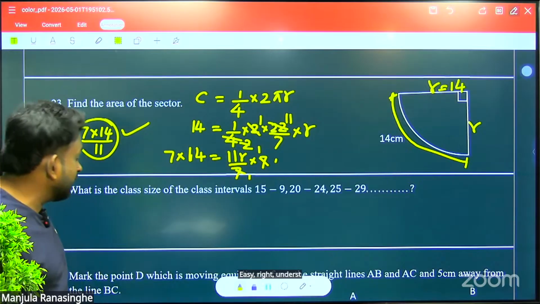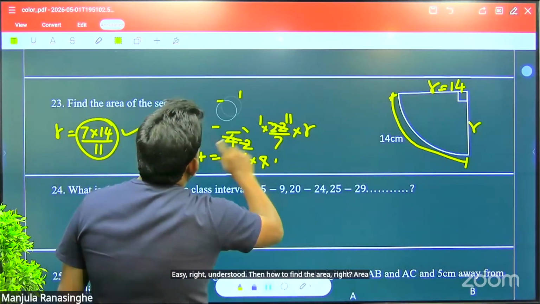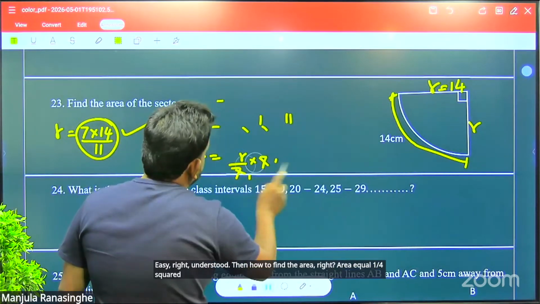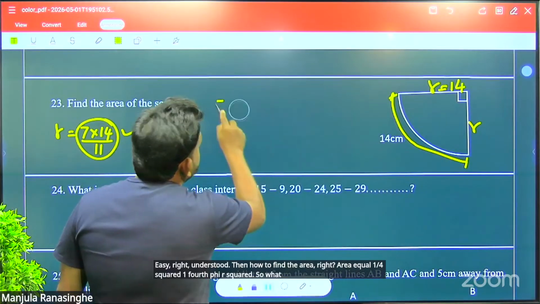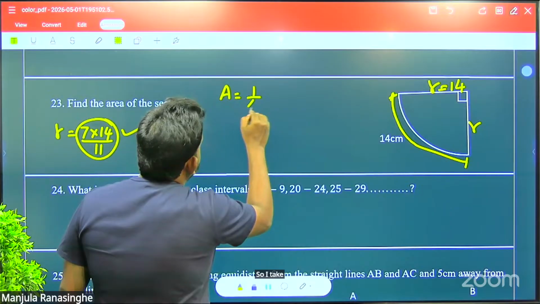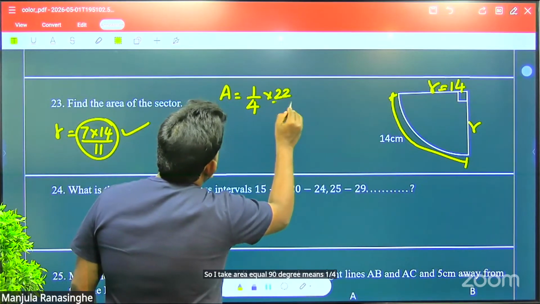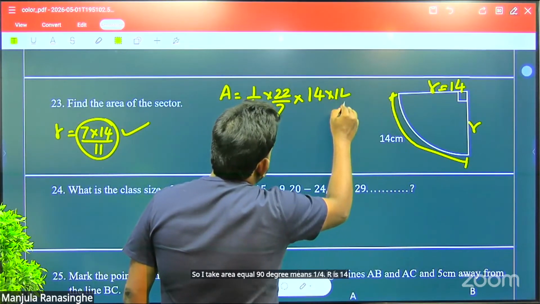Understood? Then how to find the area? Area equals 1/4 πR squared. So what is the R you choose? 14. So I take area equals, for 90 degrees, 1/4 πR squared, with R as 14 into 14. Understood?